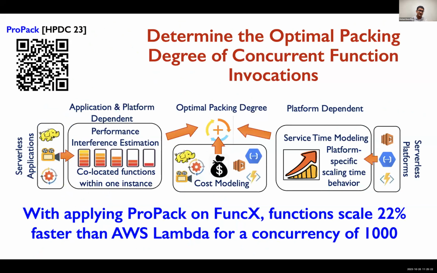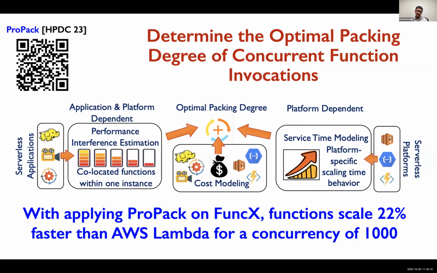So we designed an optimizer which studies the computational characteristics of these different components and accordingly collocates them in a function instance to minimize the service time as well as cost. This was published in HPDC this year.